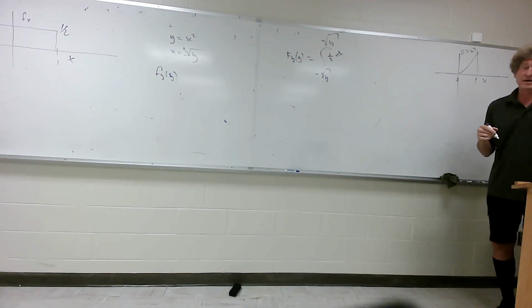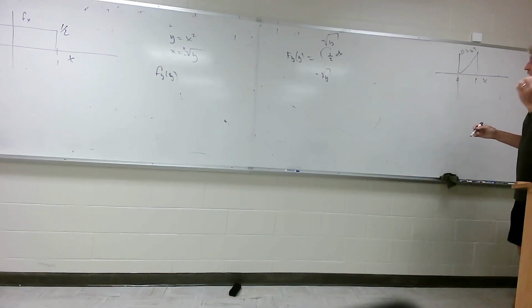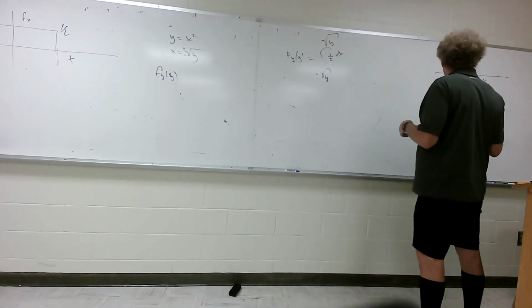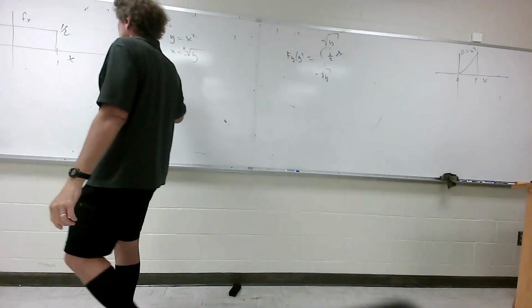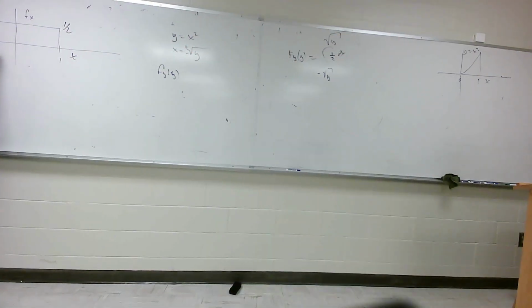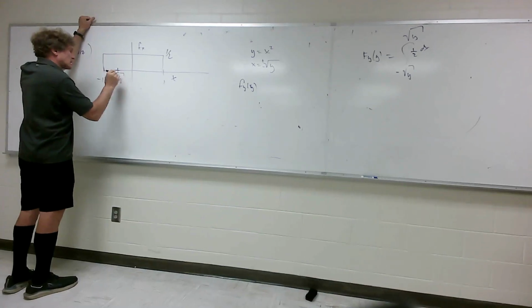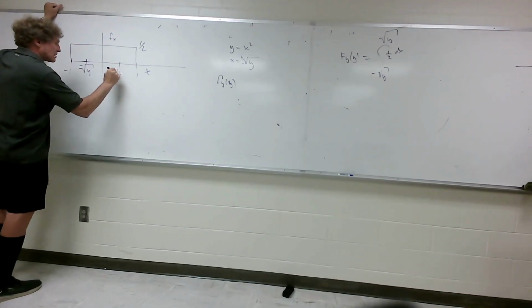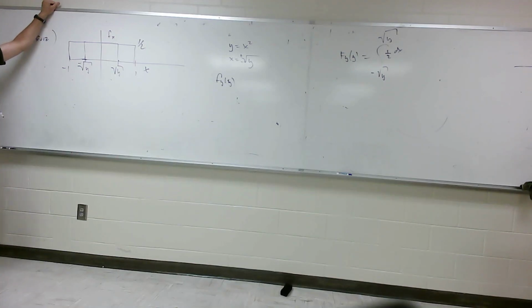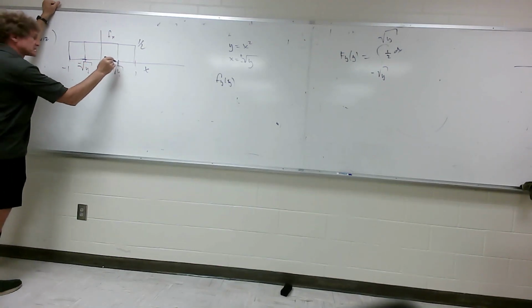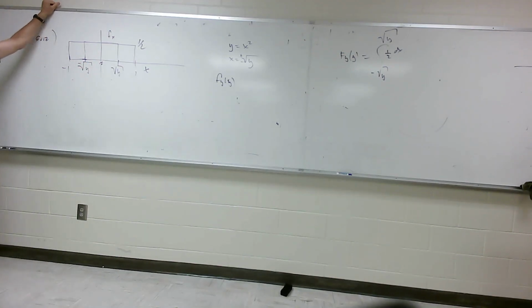I'm trying to make a point here. When I look at the probability of x being between minus the square root and plus the square root of y, it's really going to be twice the probability of x being from 0 to square root of y. Do you all agree with that?